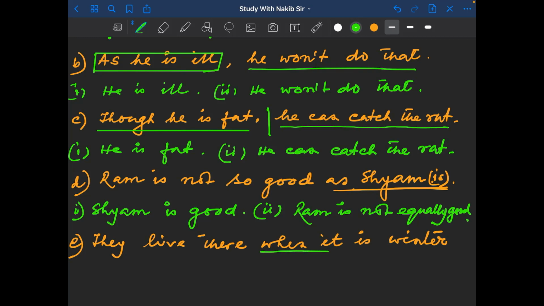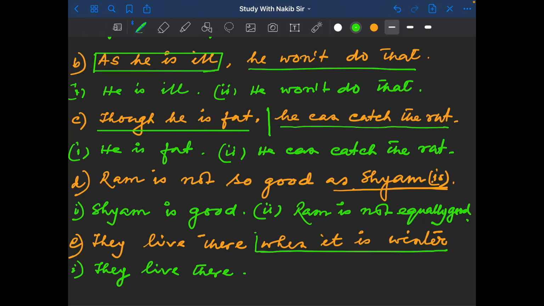When it is winter is an adverb clause. Okay, so for this adverb clause, make a separate sentence. See how. Number 1, they live there.